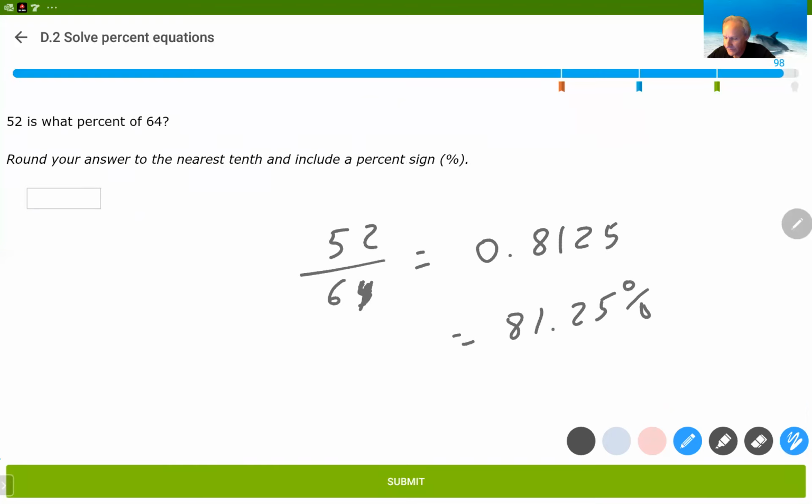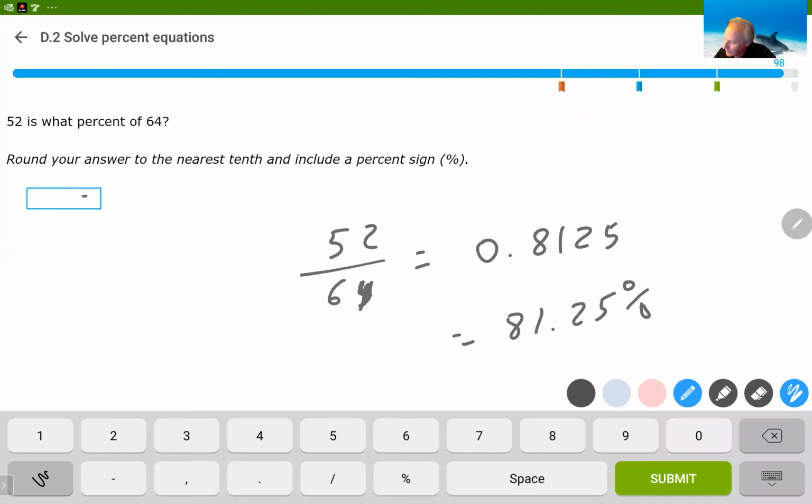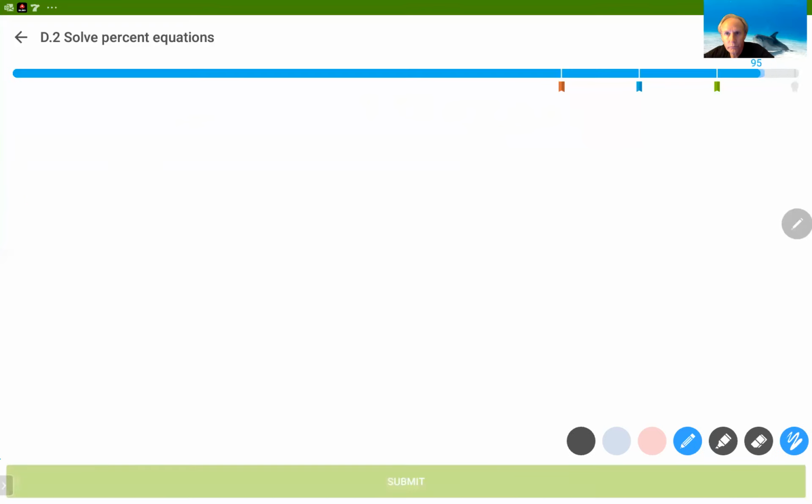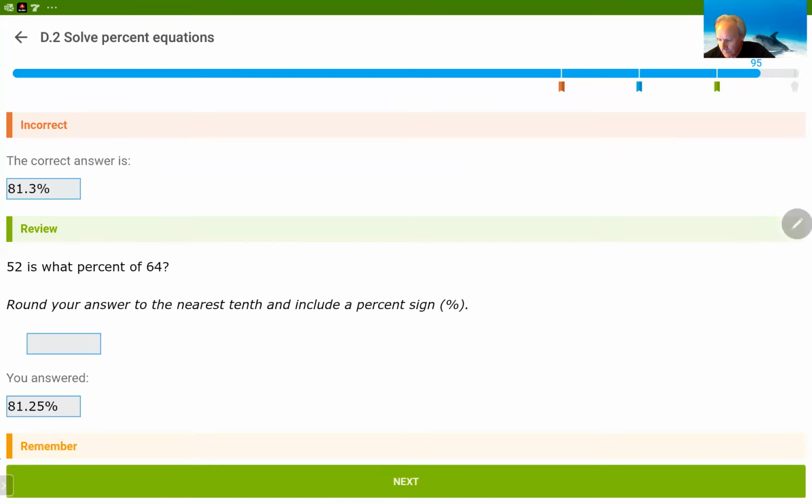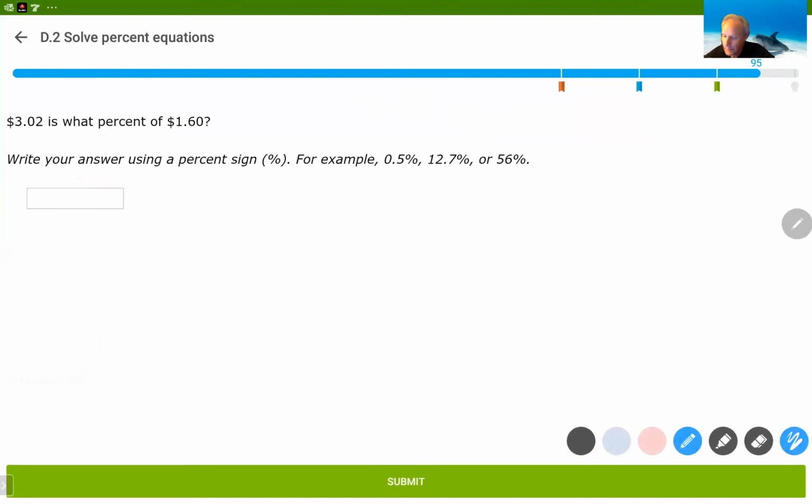Does that seem reasonable that 52 is most of 64, and it looks that way? And I'm supposed to write it with the percent sign. What? Oh, did it say to round it to the nearest tenth? I gotta read the questions. Dang. Okay.